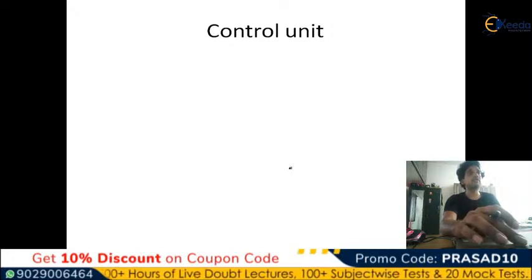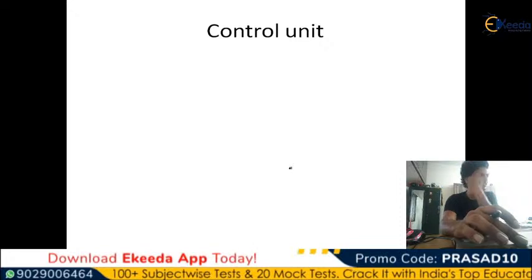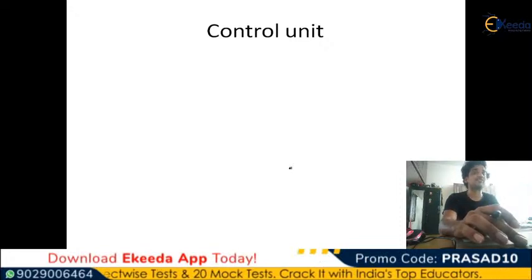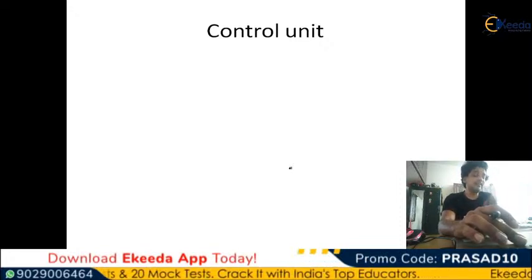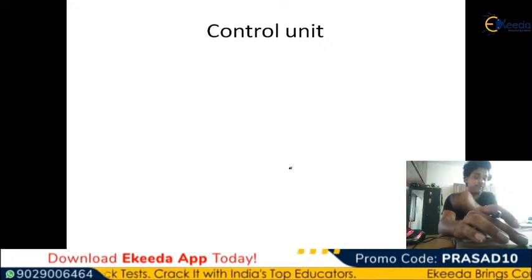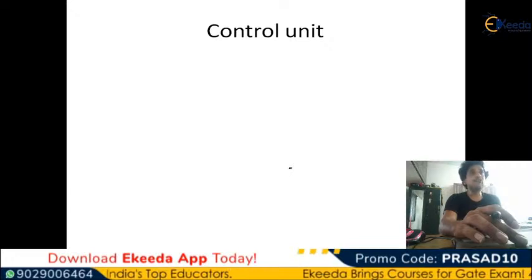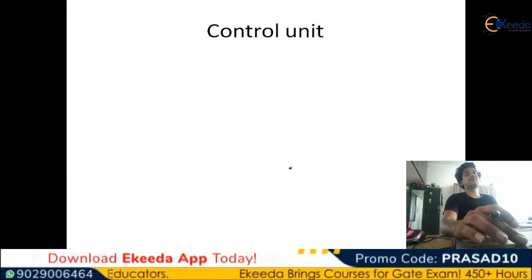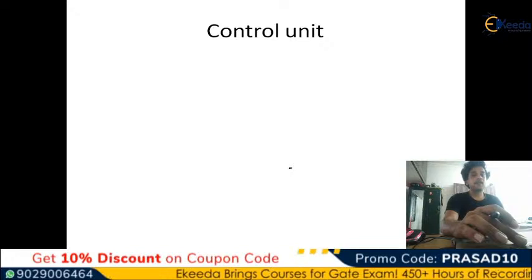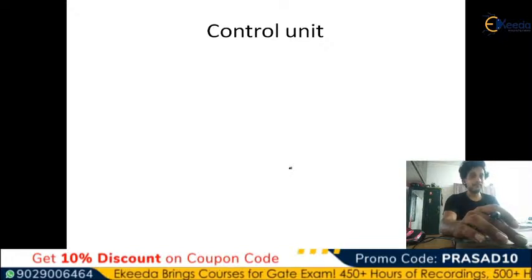What is the control unit? The control unit is going to synchronize all the activities of the system. At this point, we can think of the control unit as a controller of the total system. When you talk about a computer system, it is going to hold a CPU.